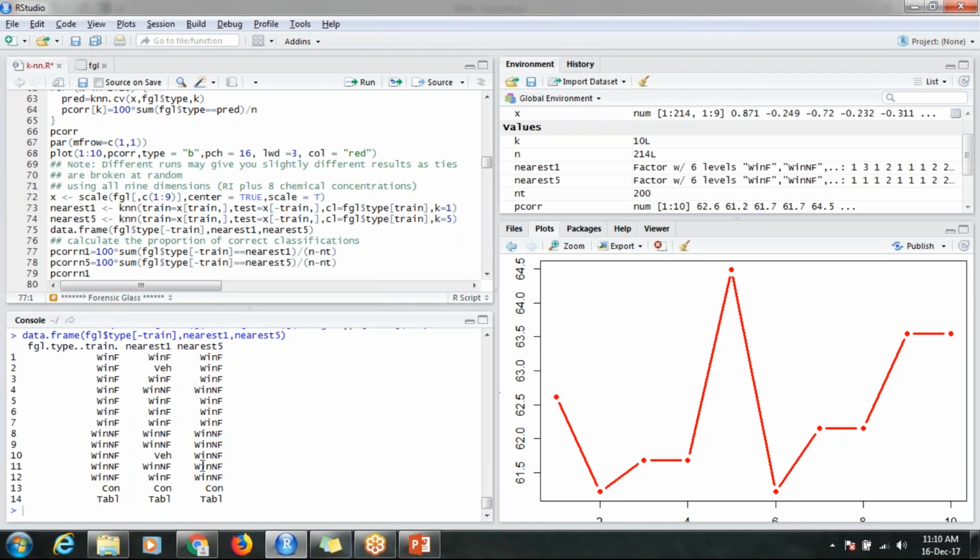The misclassification is quite less here. I can see only one case of misclassification. Otherwise, more or less, it has classified correctly, right? So a lower value of k is more prone to noise, and as I increase the value of k to an optimum level, it stabilizes.